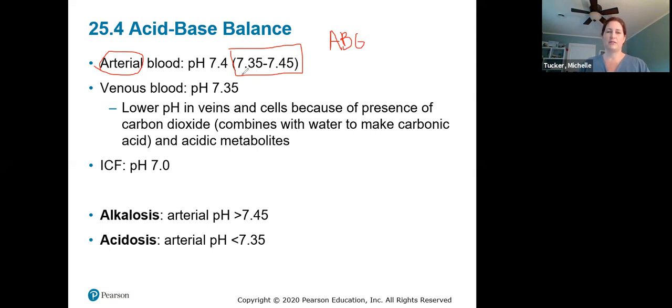The reason why you need to know this value is to determine something called physiological alkalosis and physiological acidosis. Physiological alkalosis is when the arterial pH is over 7.45, and physiological acidosis is when arterial pH is less than 7.35.